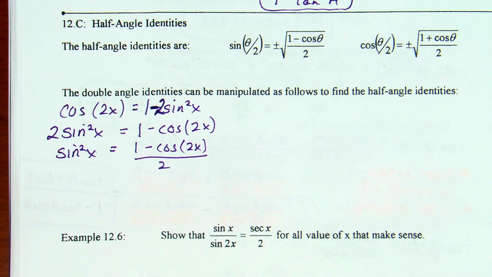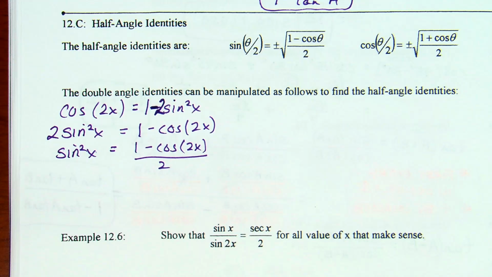Now, as we work, we're trying to get this to be sine of theta over 2, right? We're almost there. I think you know what other step we have to take, but we're going to do a step first. Right now, if I work to get sine by itself, it's going to be sine of x. I need it to be something divided by 2.